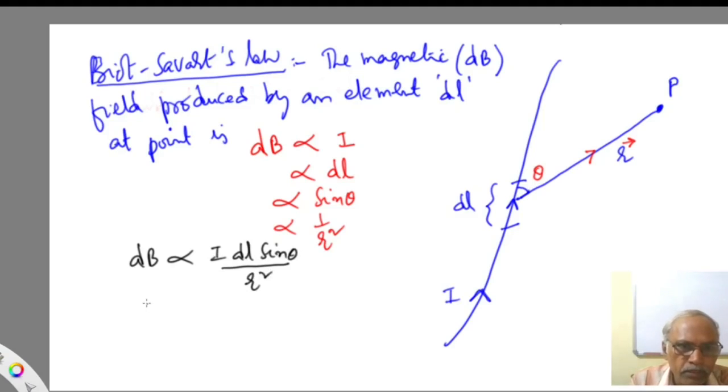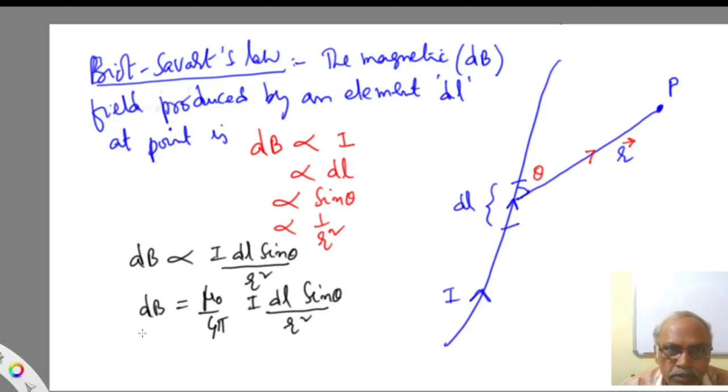That means dB equals a proportionality constant, here mu naught by 4 pi, times I dl sine theta by r square. With the help of Biot-Savart law, we can calculate the magnetic field at a given point due to a current element, a small part of the conductor through which current is passing.